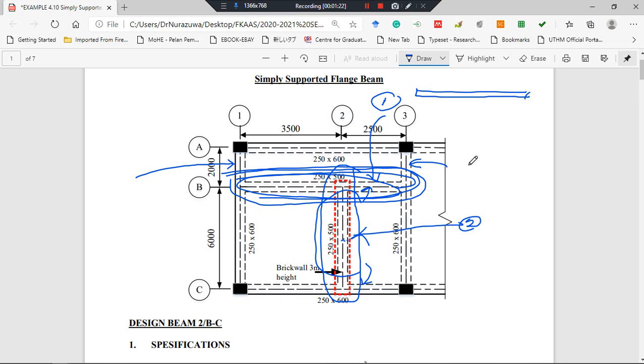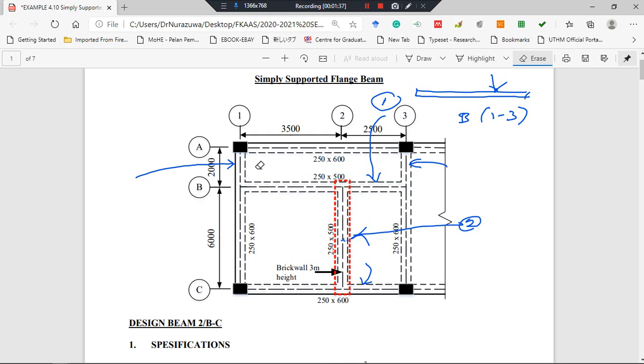Loading from this beam acting on this B13 beam, acting as a point load, point load here. Here also is a simply supported beam. This is also a simply supported beam. Same goes with this one.